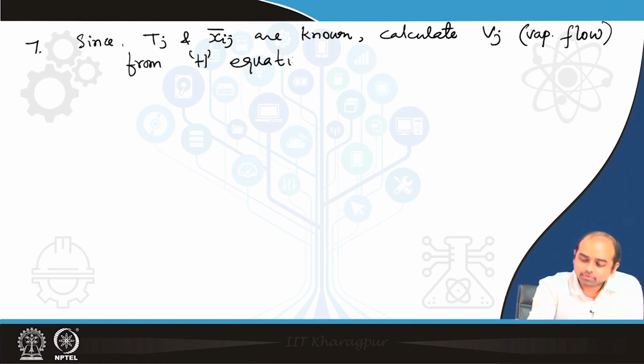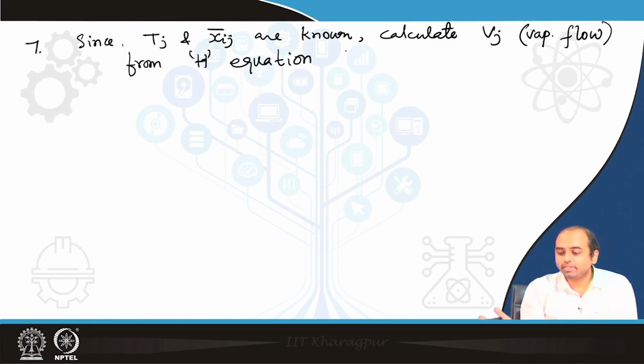In the enthalpy equation the equilibrium constant is already known. From step 6 you have already calculated the equilibrium relation; provided temperature is known, equilibrium constants are known. Then your Vj is the only unknown in that equation.